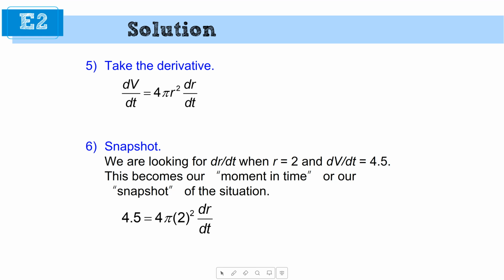And this is a snapshot, meaning that exact moment in time. And that exact moment in time is when the radius equals 2. And I'm going to assume that you could all solve that problem.